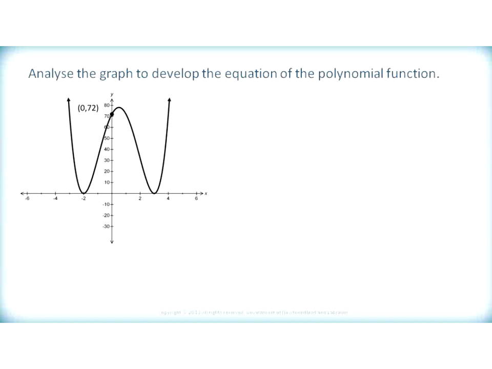In the next example, note the shape of the graph is in the shape of a W. This indicates to us that we are working with a quartic function. A quartic function will have a maximum of 4 x-intercepts. Notice that the graph is tangent at x equals -2.